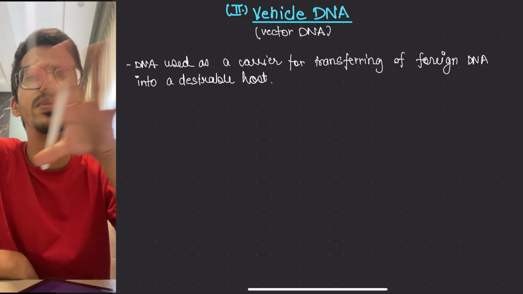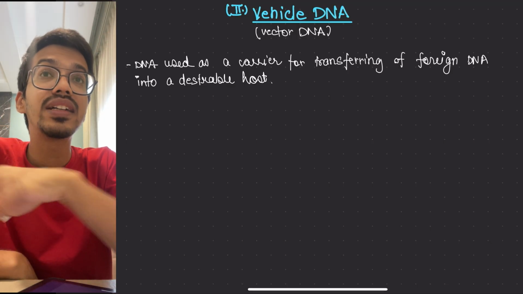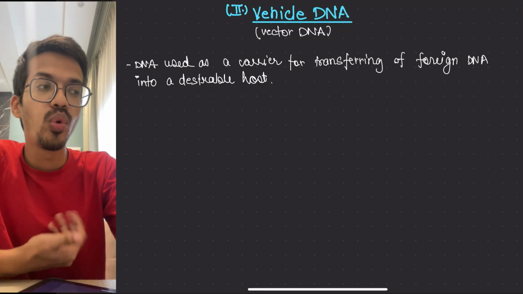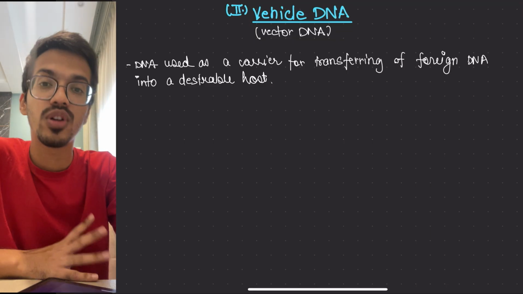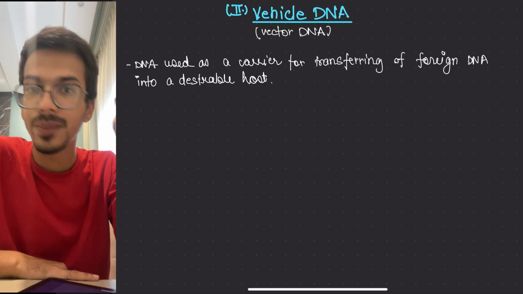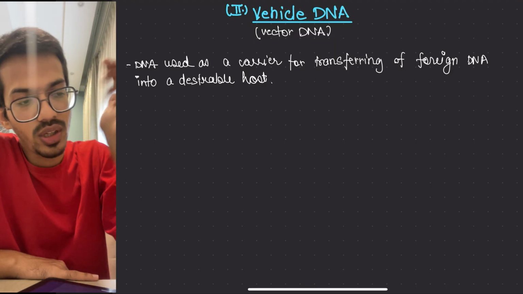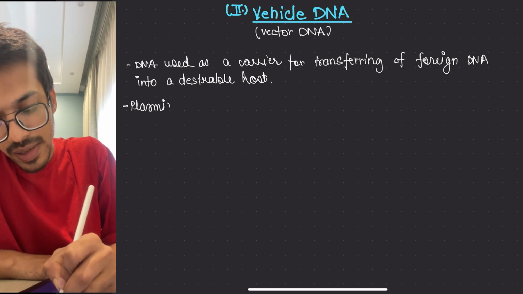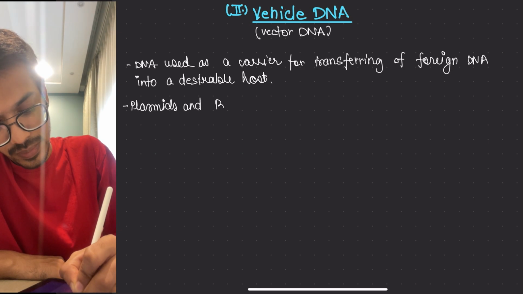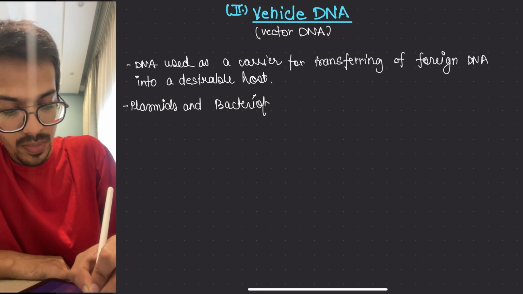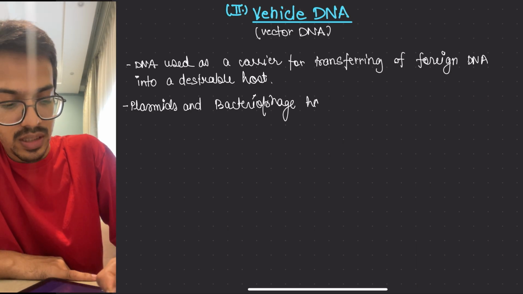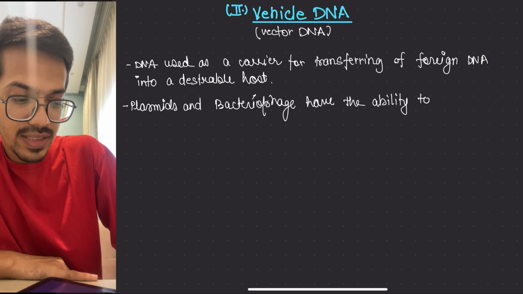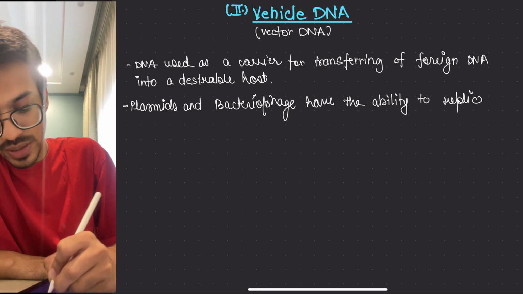Now normally plasmids and bacteriophages naturally have the ability to replicate themselves and act as a transfer of things. You know that they transfer genes, so we will be using them. Plasmids and bacteriophages have the ability to self-replicate within the bacterial cell.